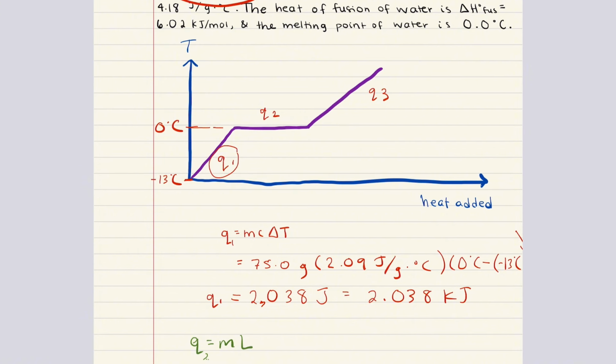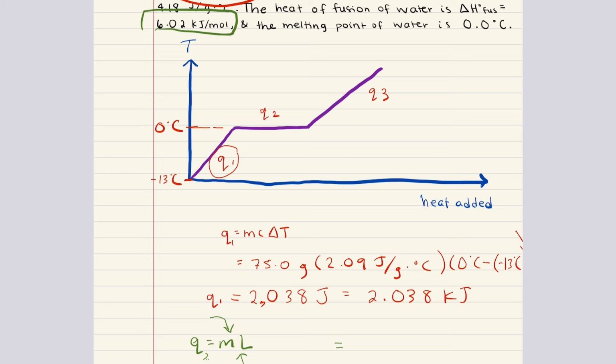Here, we're looking at converting solid to liquid, so we're concerned with the heat of fusion, which we are given in this problem, 6.02 kilojoules per mole. Now, looking at our equation, it's mass multiplied by latent heat. And what we have in the end is our heat calculated in units of kilojoules.